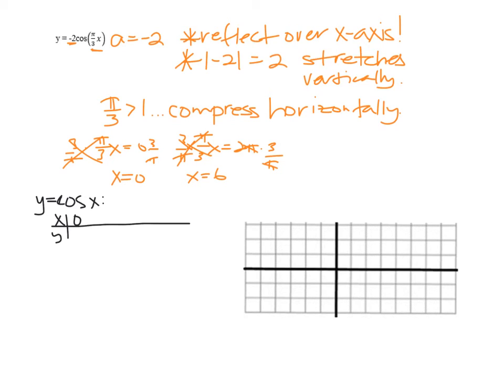Pi over 2 is about 1.6, and then 3.1, 4.7, and about 6.3. So again, we're using our approximates because our table for our new function doesn't have pi in it. Our outputs for cosine are 1, 0, negative 1, 0, and 1. Go ahead and graph cosine, and then we'll move on to the new graph.